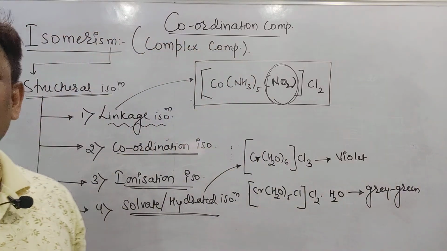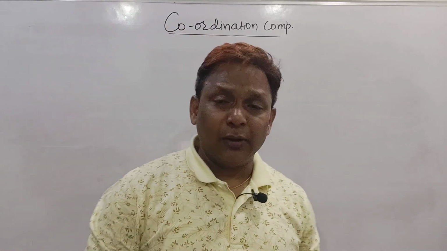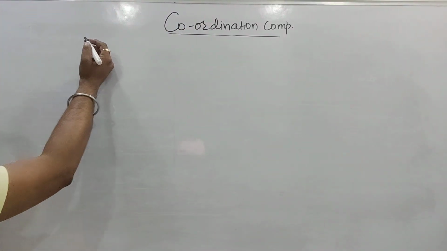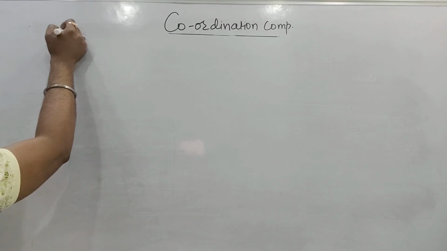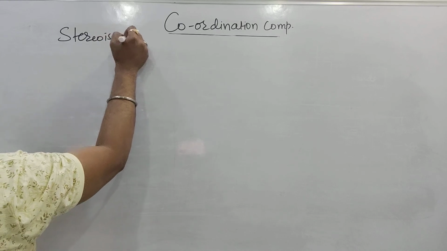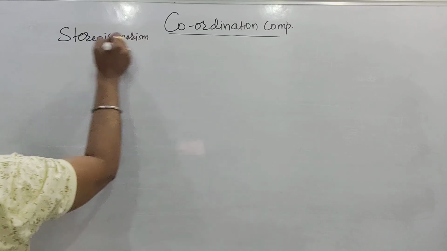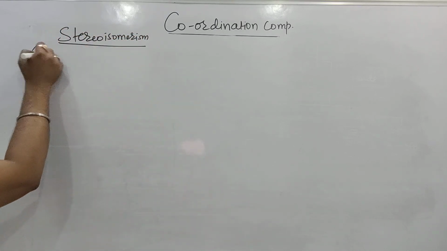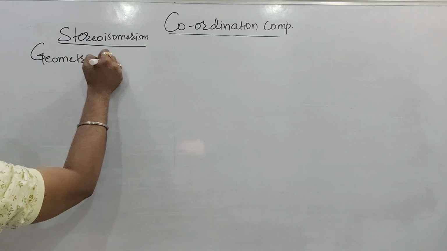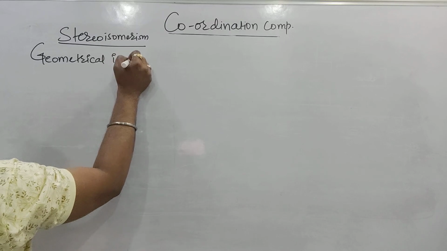Okay, take a screenshot. Now the second part: we will see stereoisomerism. It's a very interesting and important topic. In the stereoisomerism of complex compounds, we are going to discuss geometrical isomerism.